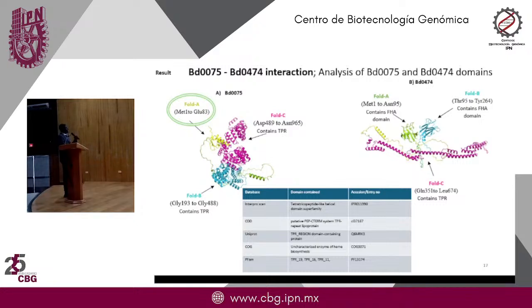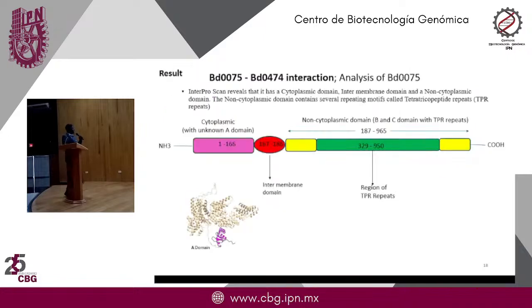But the fold A does not contain any known domain. Here is also a representation of our analysis from InterPro. What this shows of the 0075 is the region where the domains are located. Here is where the domain A is located, and it's in the cytoplasm.